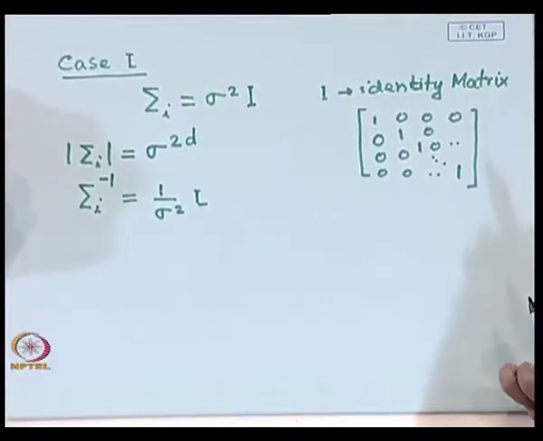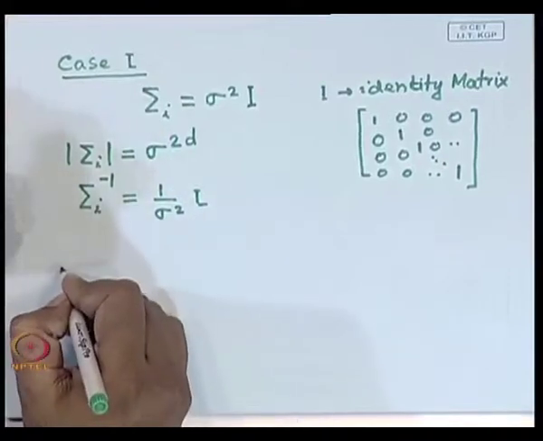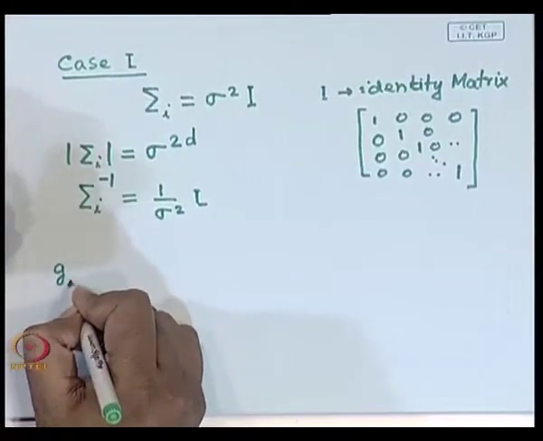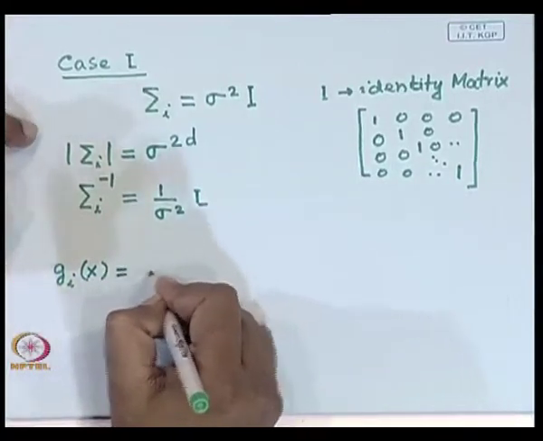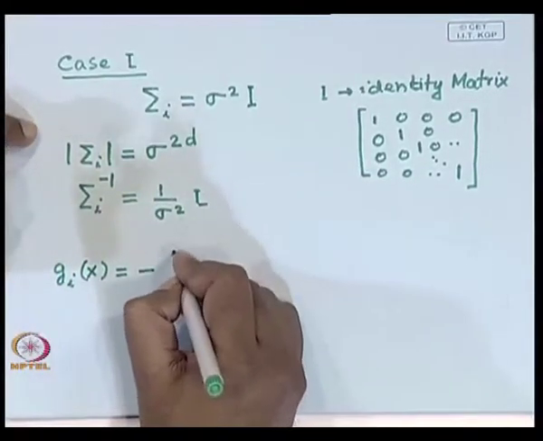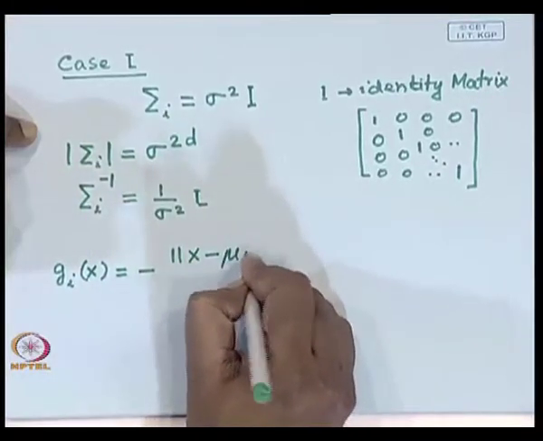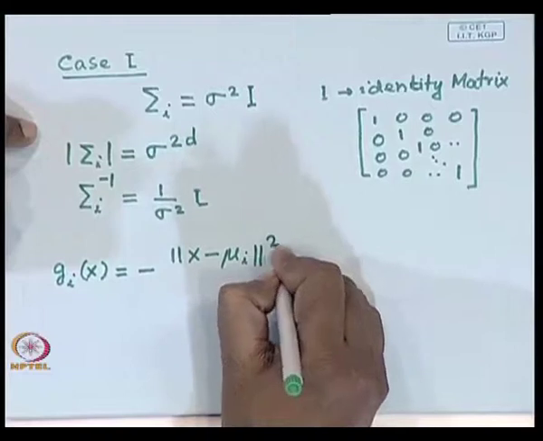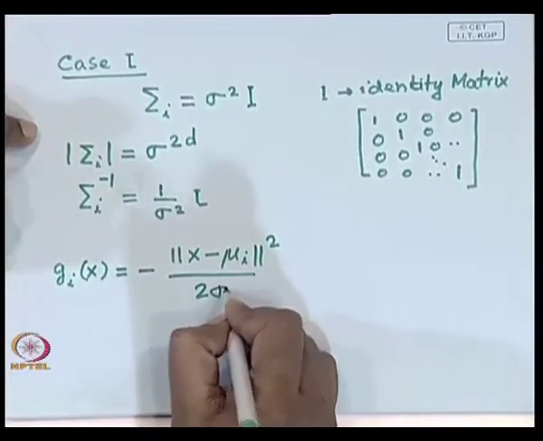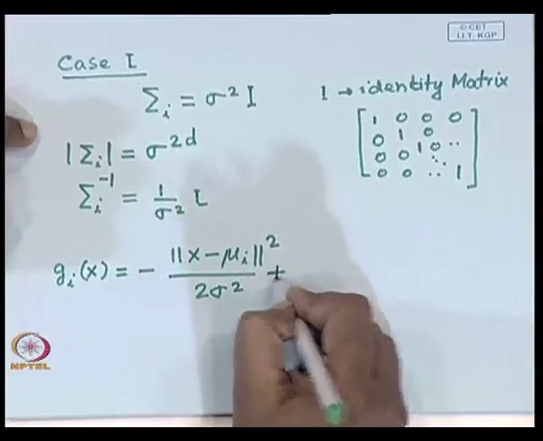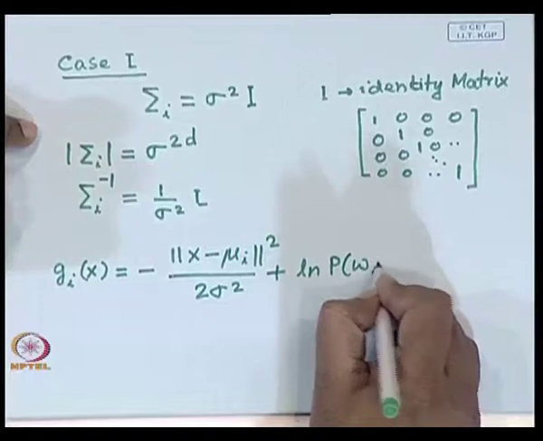In this case, having this simplified form, the discriminant function g_i(x) can be computed; it will simply become minus norm of (x minus mu_i) square divided by 2 sigma square, plus ln p(omega_i).